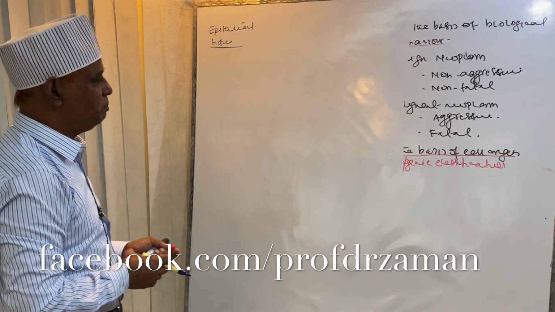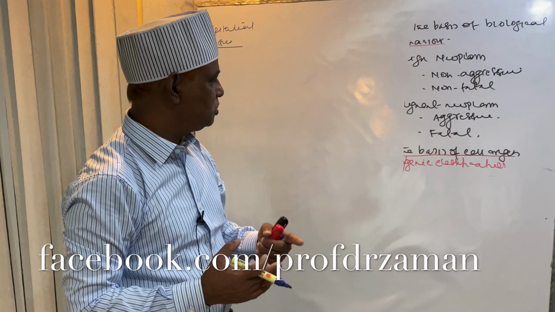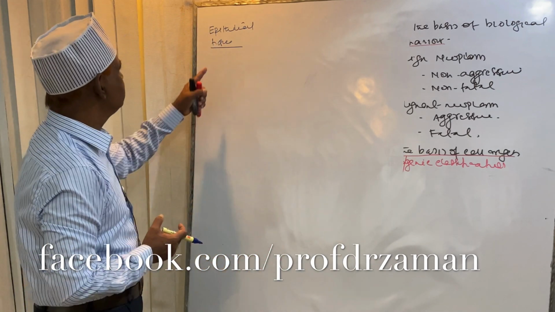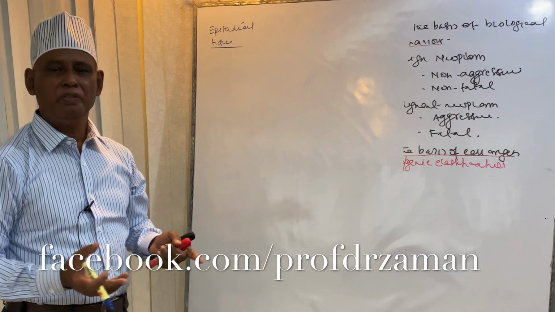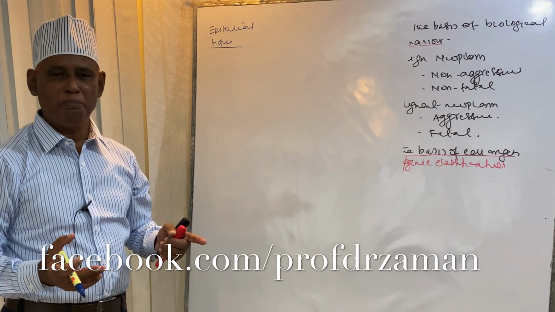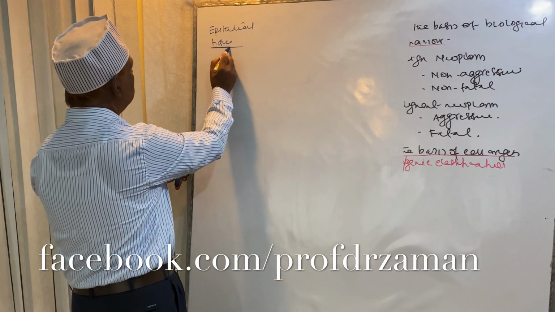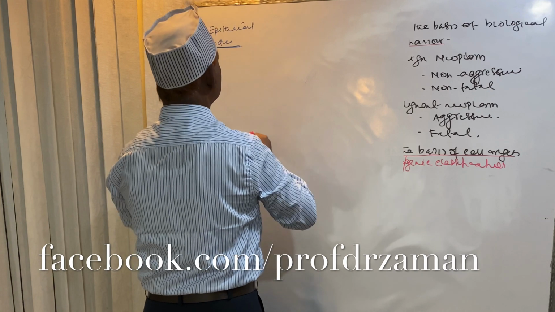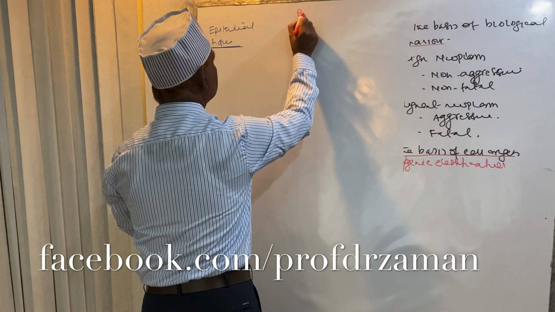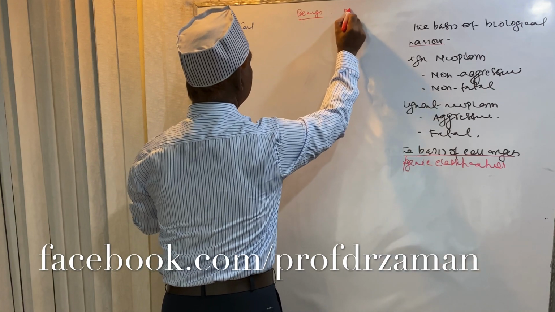First come to the histogenic classification. First neoplasm of the epithelial tissue, then neoplasms of mesenchymal tissue. The neoplasms of epithelial tissue may be benign and may be malignant also.